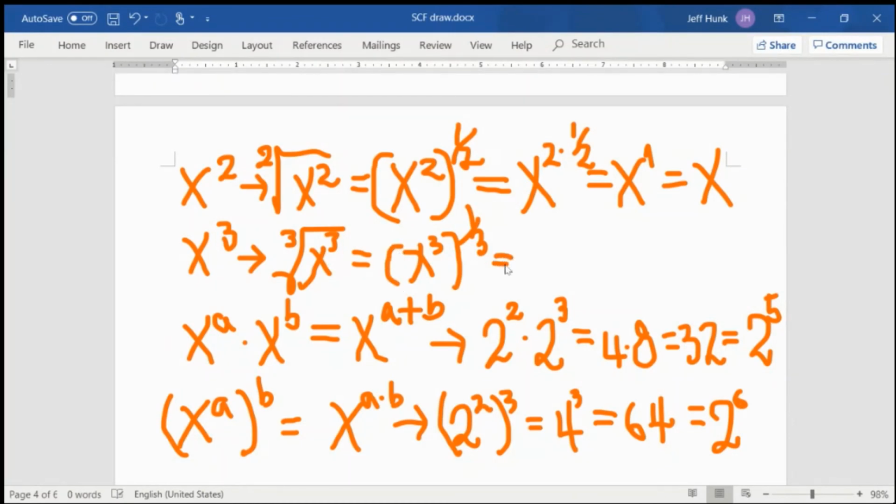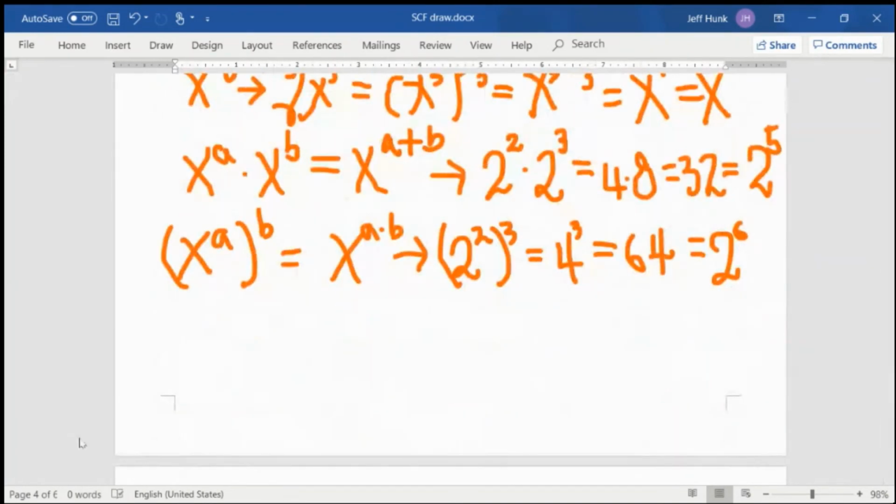And then, by the same process, it becomes x itself. So now let's generalize this.